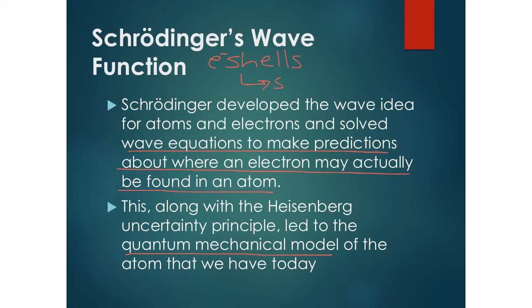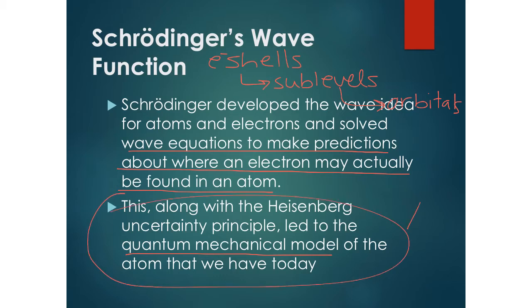Within the shells, there are sublevels, and within the sublevels, there are orbitals. The orbitals are where our electrons are located, or where they have a high probability of being located. So they were able to pinpoint their location a little more within the shell, but they talk about there being a high probability of the electron being located there.